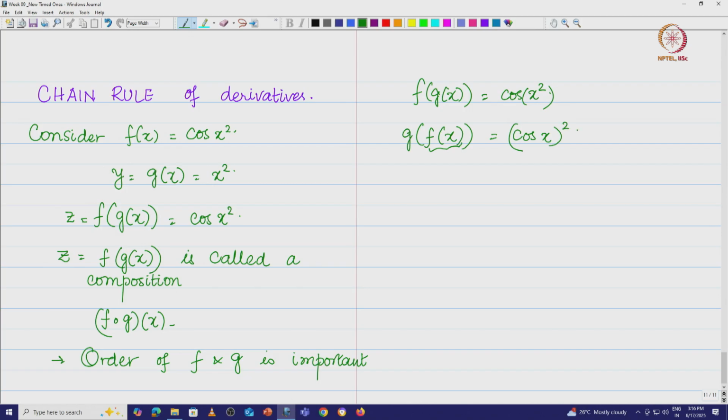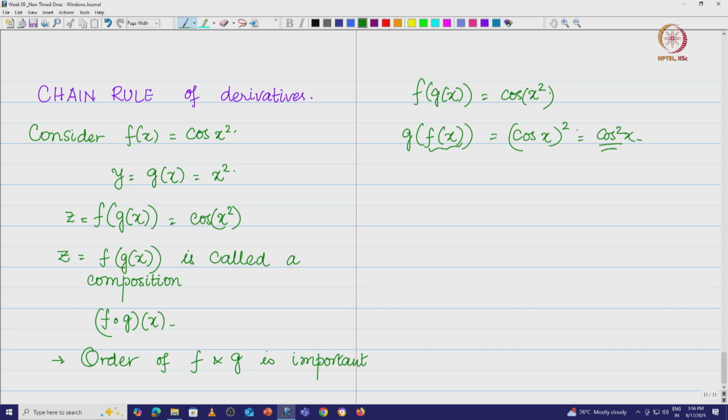So, there is a difference, but this is nothing but cos squared x. Of course, you see that one is the cosine of the square of x and the other is the cosine squared of x.